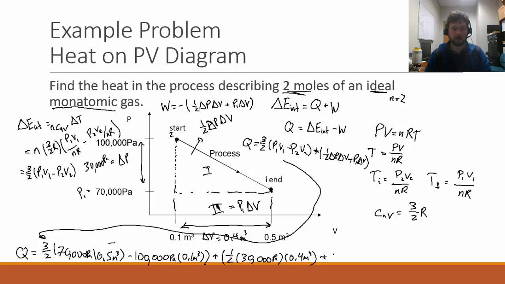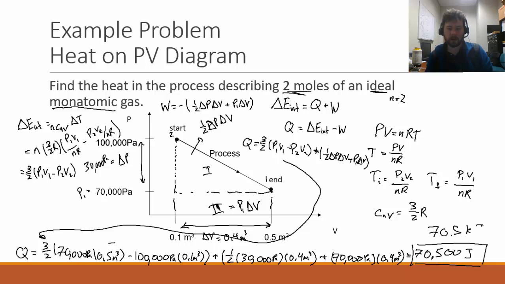And then we have the area on the bottom, P1, which is 70,000 pascals, times the change in volume, which is 0.4 cubic meters. And when you multiply this all together, you get 70,500 joules.